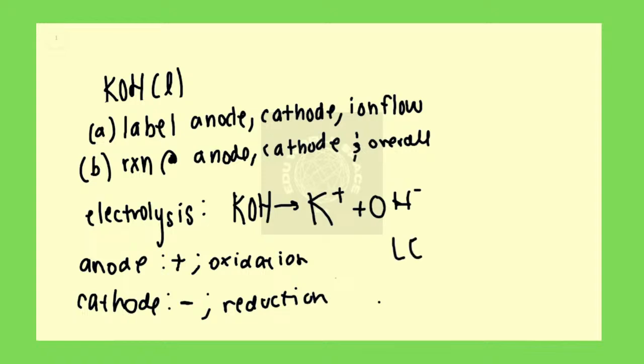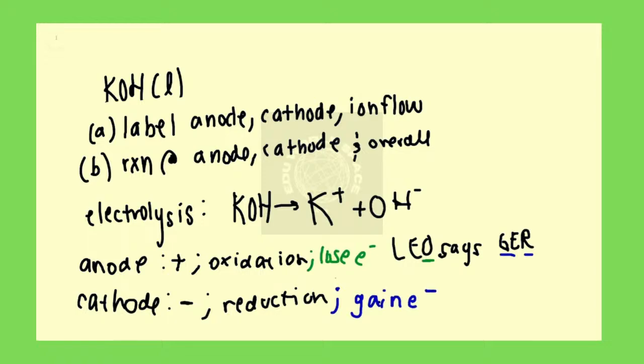By looking at LEO says GER, we can understand what's happening with our electrons. At the anode we have oxidation, so a loss of electrons, and at the cathode we are going to be gaining electrons. And the electrons are flowing from anode to cathode.